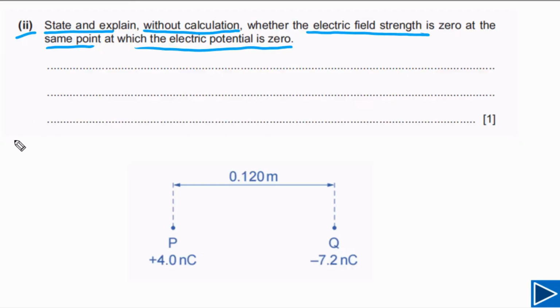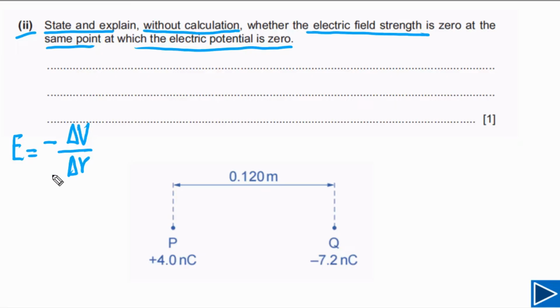First of all, let's understand the relationship between electric field and potential. Electric field is equal to the negative of the potential gradient, so simply E is equal to negative delta V over delta R, where R is the distance.